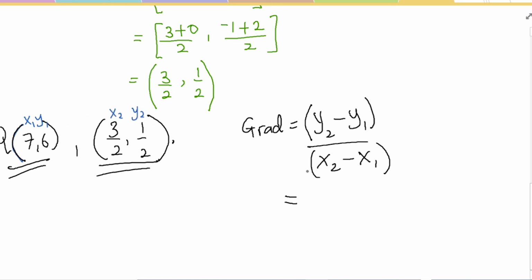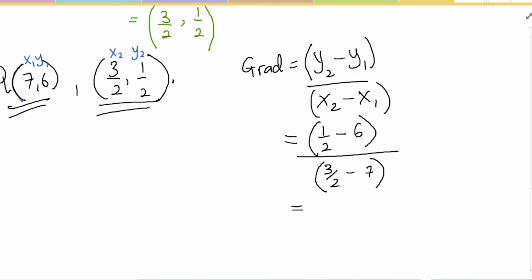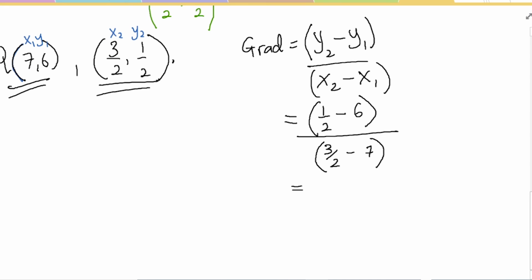So we proceed: y2 minus y1 is a half minus y1, which is 6, divided by x2, which is 3 over 2, minus 7. Okay, so what do we have? What is a half minus 6? Definitely a half minus 6 is going to give us -5 and a half, and -5 and a half is the same as saying -11 over 2.